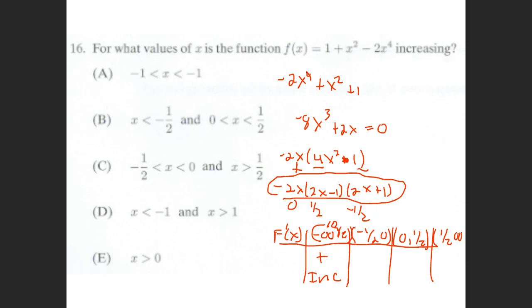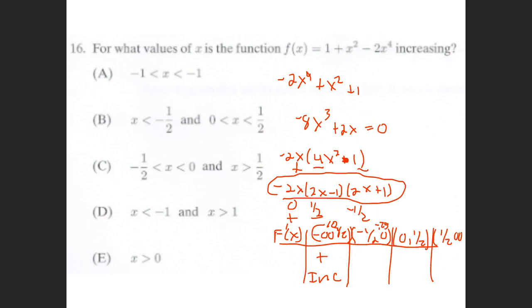I know that. And then between negative 1/2 and 0, I'm going to go negative 0.25. So I put negative 0.25 in here. That gives me positive in this first term. Negative 0.25, that gives me a negative. And if I put it in here, is that going to be positive?